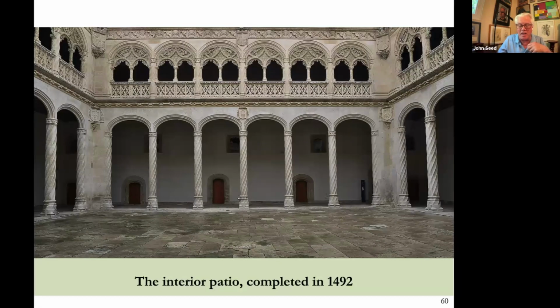You come on the inside and you see something much more organized. It's still plateresque up in the arches, but in the interior patio, completed the same year that Columbus made his famous voyage to the West Indies that turned out to be, you know, America. You would have been in this serene, protected courtyard, almost feeling like you were in a building that had been built in Italy.